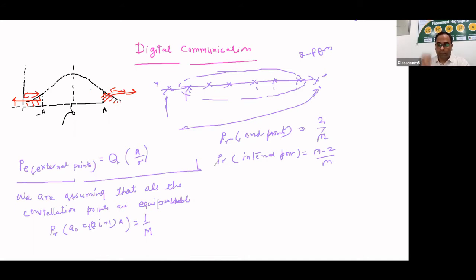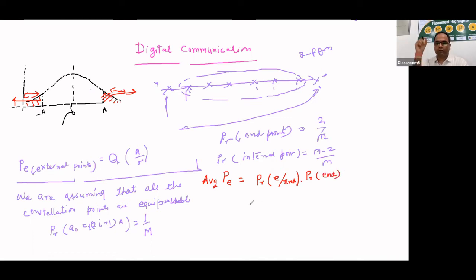Just see the formula. The average probability of error of PAM can be simply written as the probability of error given end points, which is a conditional probability, times the probability of end points.